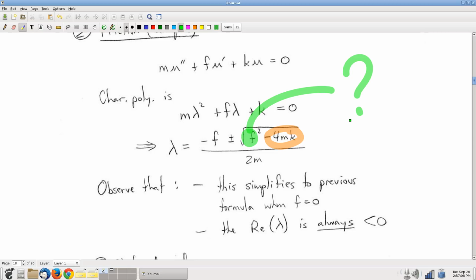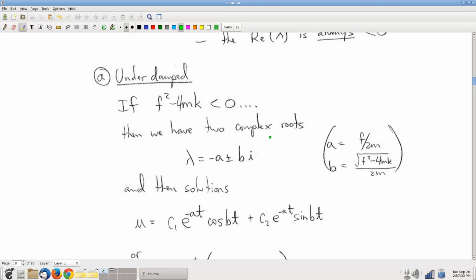There might be no friction. There might be a little bit of friction, less than the critical amount. In other words, enough that keeps this still negative. Then there might be the critical amount that makes this expression exactly 0, or finally, the fourth case, there might be so much friction that it actually turns this discriminant positive. So those are the four cases, and we name them appropriately.